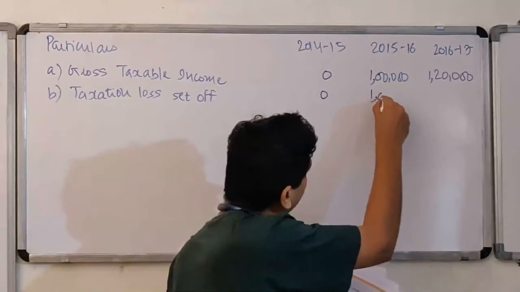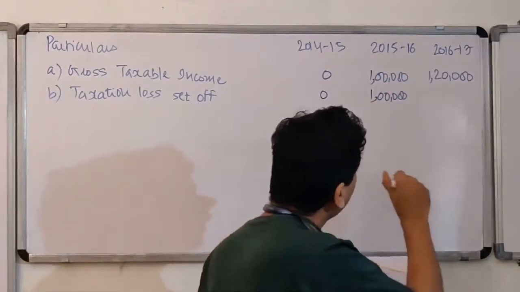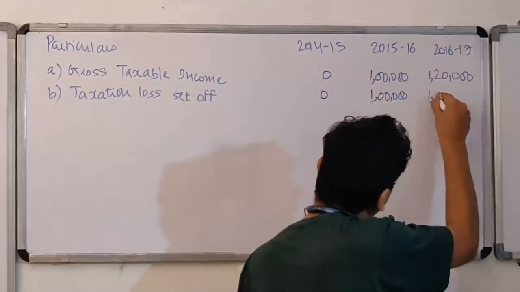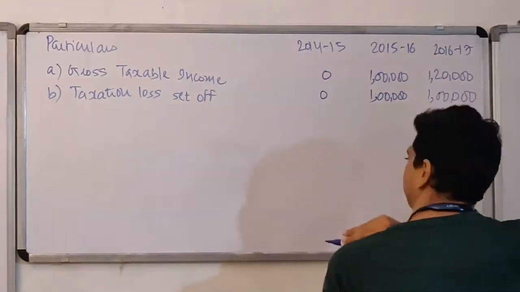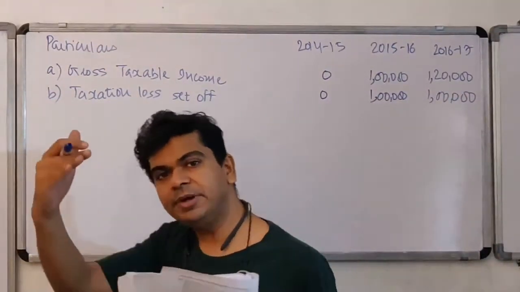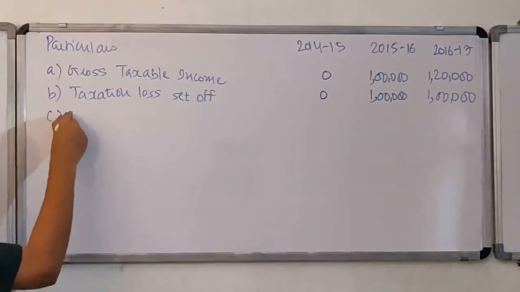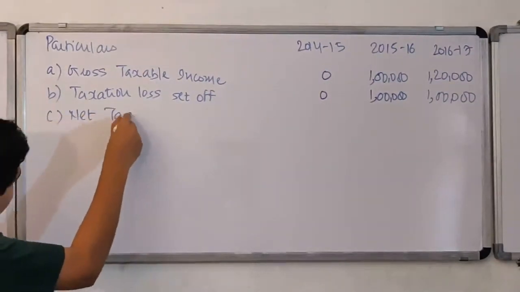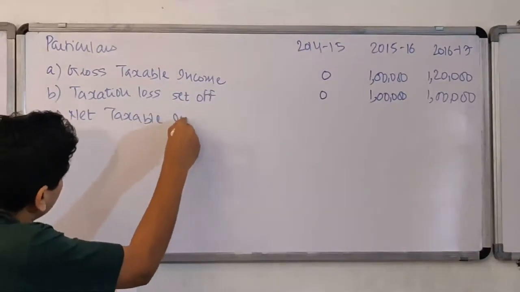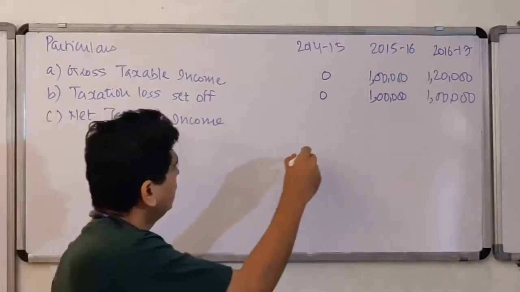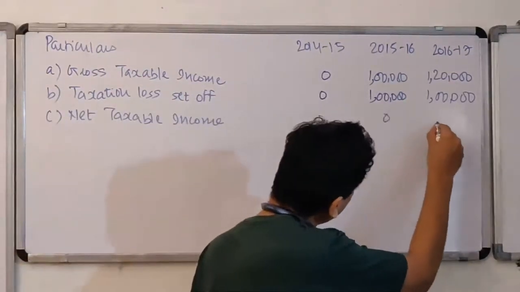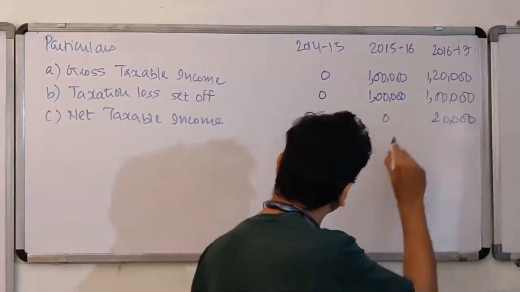So 1 lakh I set off in the first year and the balance 1 lakh in the next year. So this will help me to reduce my taxable income. So this gives you the net taxable income: 0, 0 and 20,000.